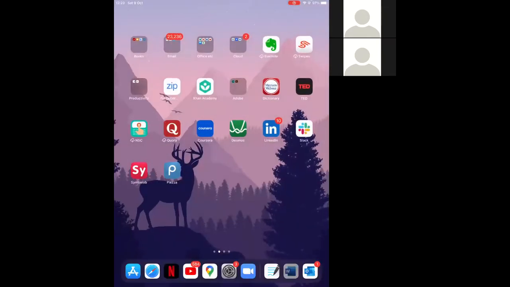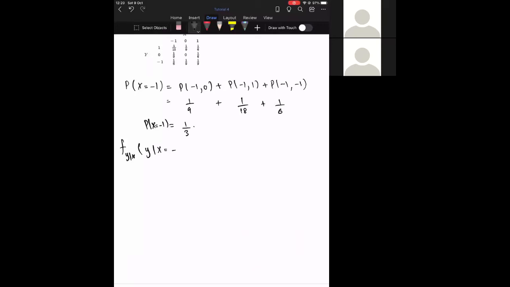Sorry. So yeah, y can only take on 3 values, so we're expecting 3 probabilities. We want to find the conditional probabilities.